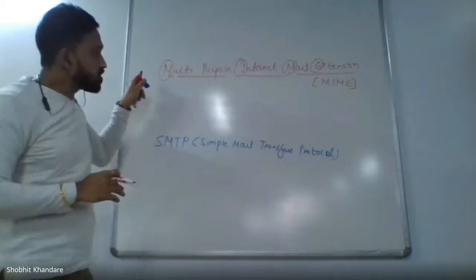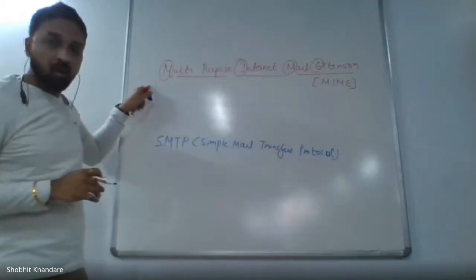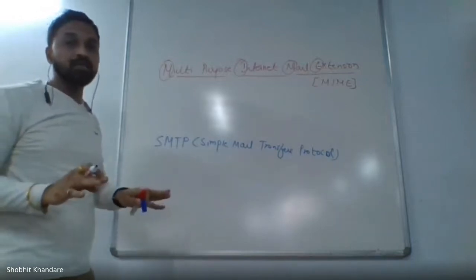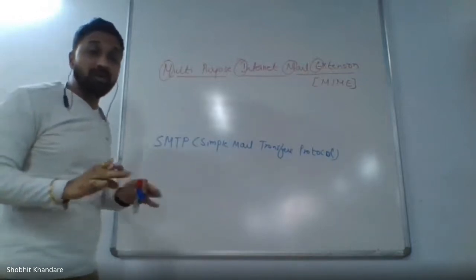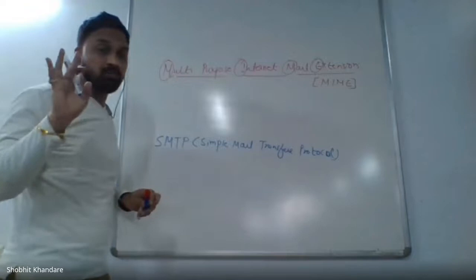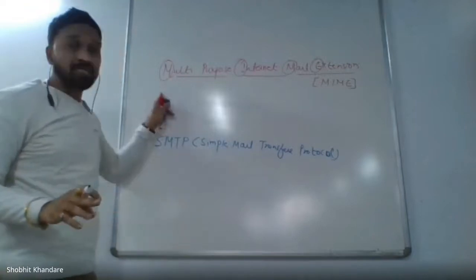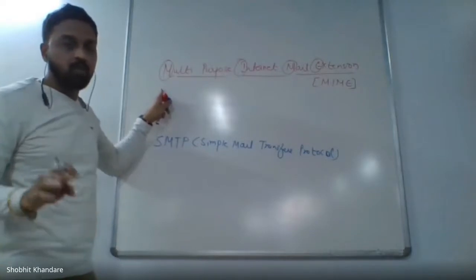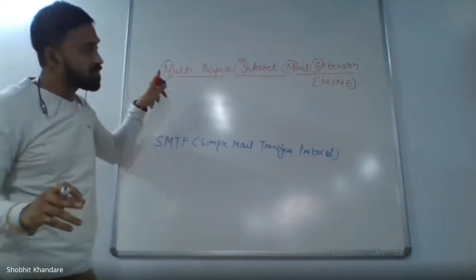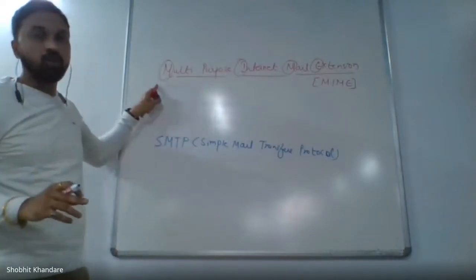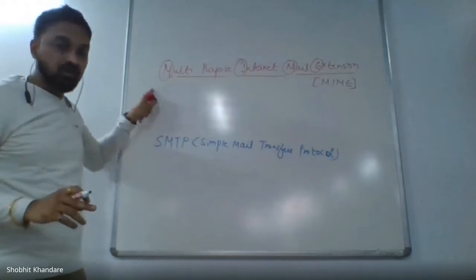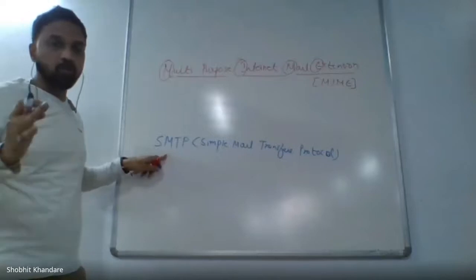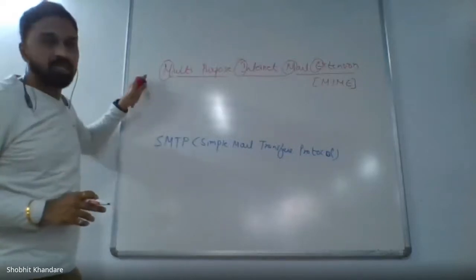Using this extension along with this protocol, I will be able to transmit messages which do not have corresponding ASCII values. That is the significance of MIME. Many students have the confusion, sir, whether this is a protocol. No, it is not a protocol. It is an extension along with SMTP. The protocol is SMTP, the extension is MIME.